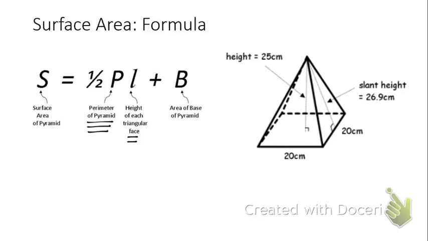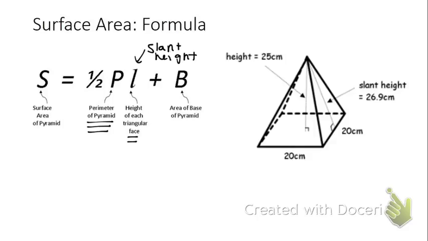Each of the lateral faces, which is your slant height, will have the same slant height here. You are multiplying it by that, so let's think about this really. If you get the perimeter of this base, that is going to be 80.